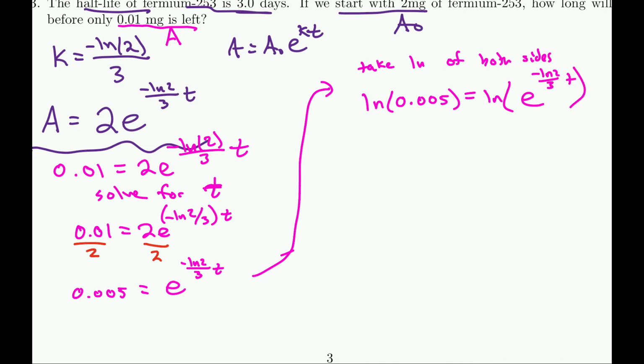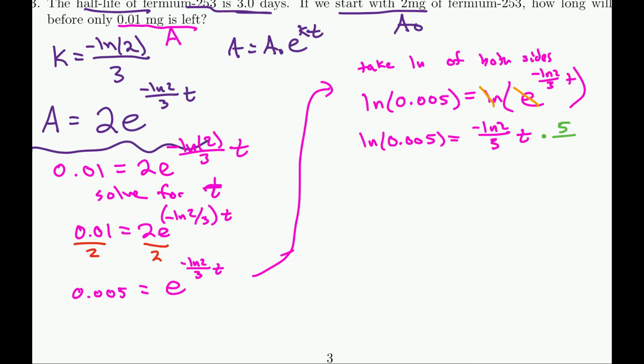The point of doing this is that the natural log and the exponential cancel, right? Because they're inverses. So you end up with ln 0.005 equals just negative ln2 over 3 times t. We're trying to solve for t. So we want to get rid of the ln2 over 3 part. The way you would do that is just multiply both sides by the reciprocal.